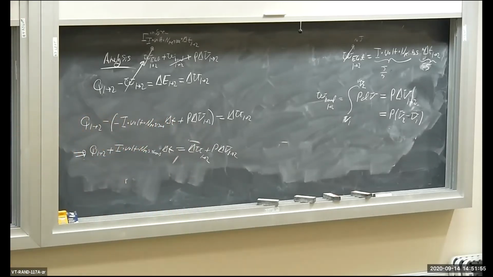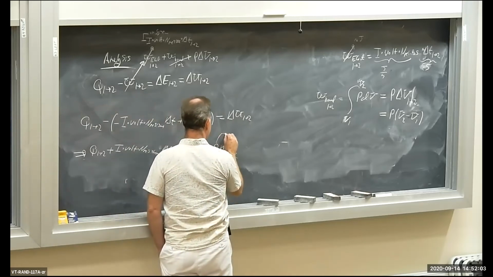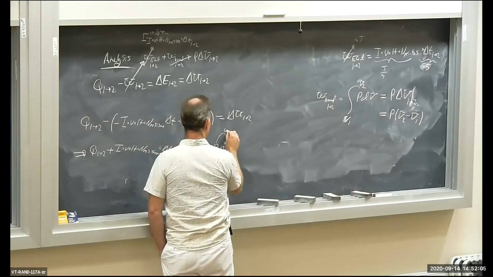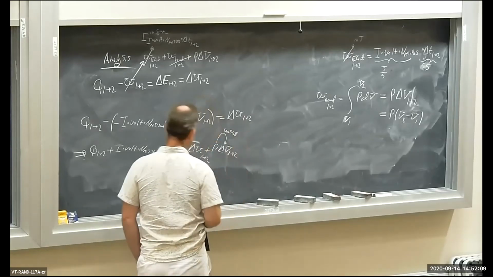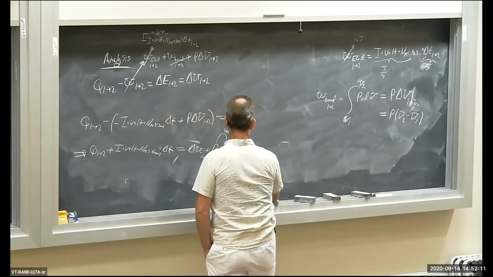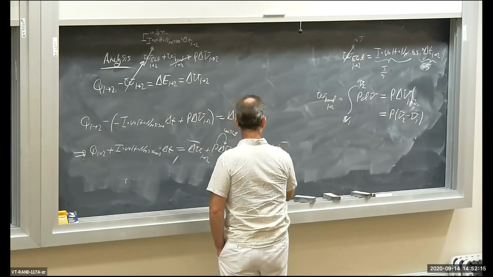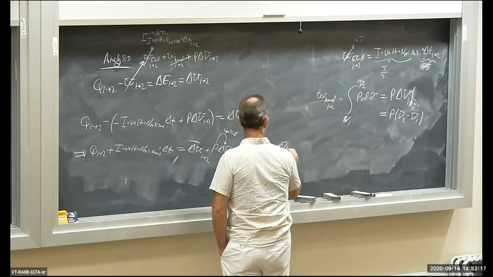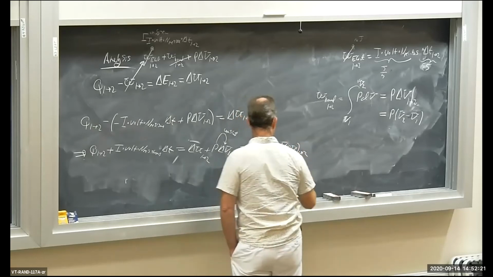Now, pressure is constant, so I can actually pull the pressure into the delta V. And so I get delta U 1 to 2 plus delta of pressure times volume 1 to 2.